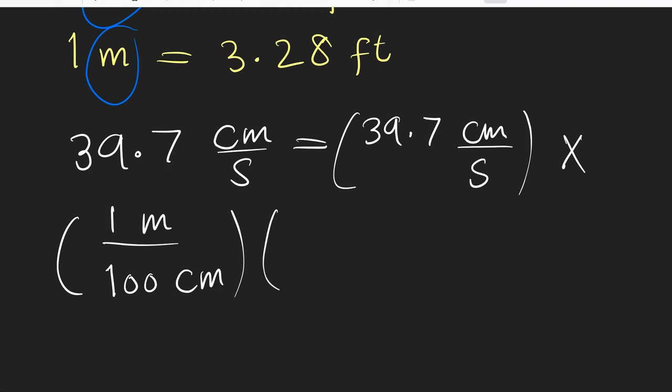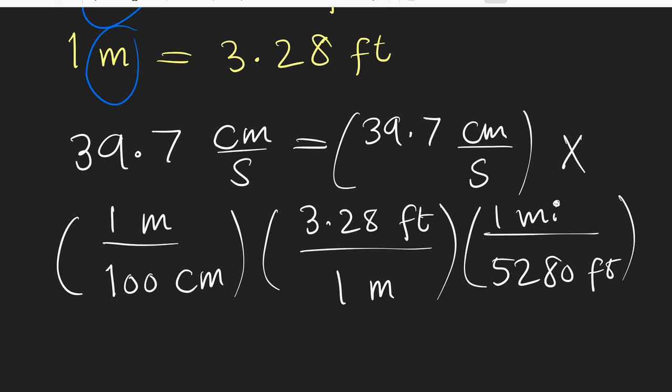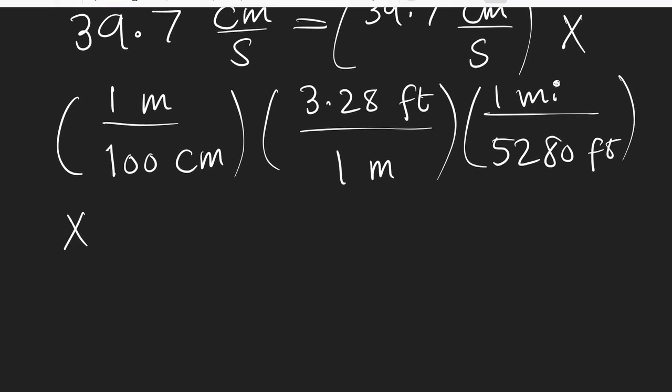Then I know that 3.28 feet is 1 meter, and I know that 1 mile is 5,280 feet, and finally I can multiply this by 3,600 seconds per hour, 1 hour.